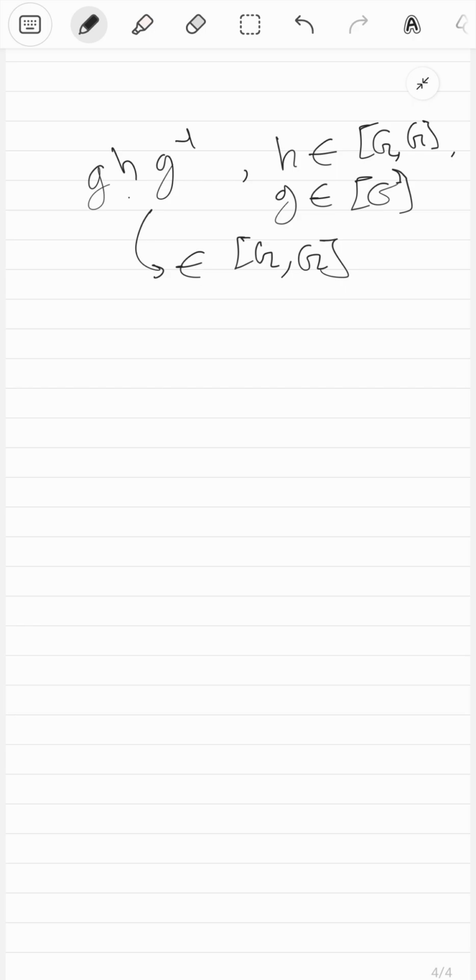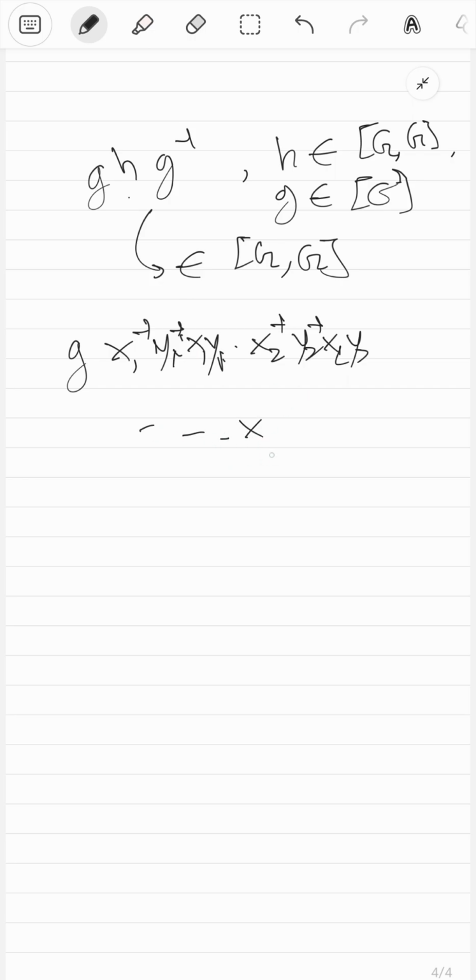So it looks something like this: g, then x1 inverse, y1 inverse, x1 y1, and then that times some other commutator, like x2 inverse, y2 inverse, x2 y2, and so on, up to x_m inverse, y_m inverse, x_m y_m, and then you have this g inverse over there. We wish to be able to write this as a commutator.